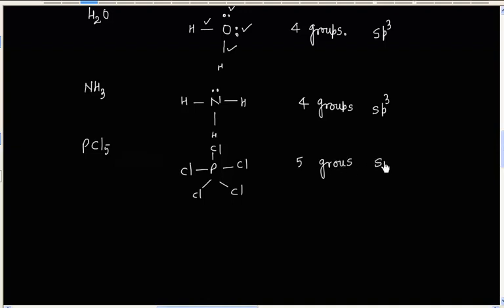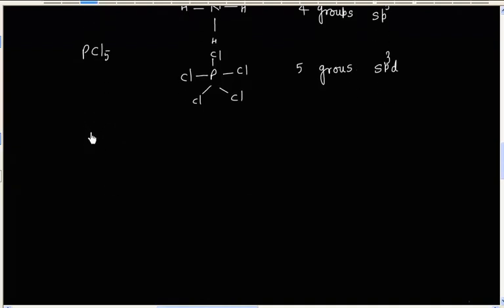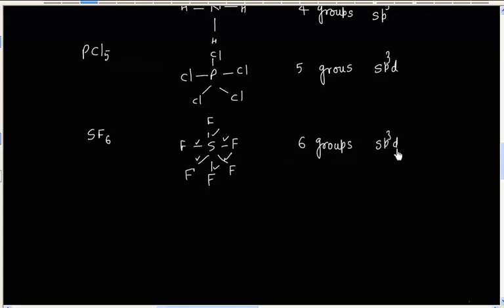So hybridization is sp3d. Let us say I have SF6. It has 6 groups: 1, 2, 3, 4, 5, 6. So hybridization will be sp3d2.